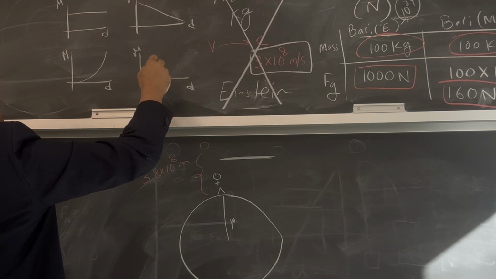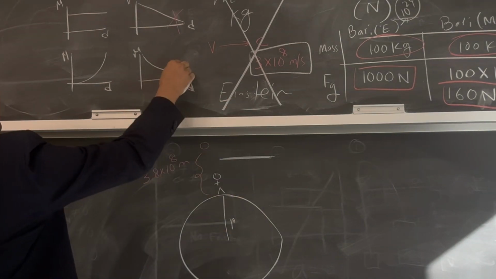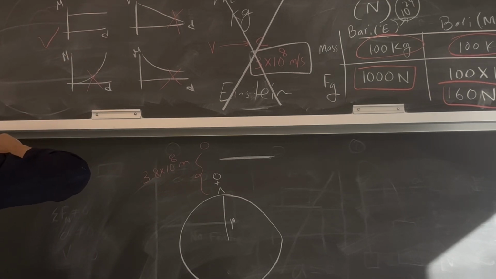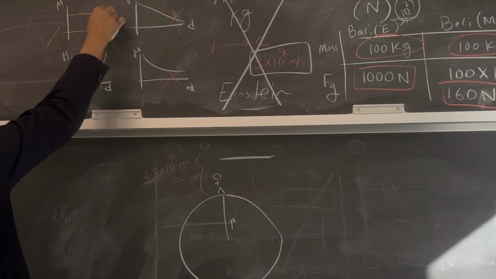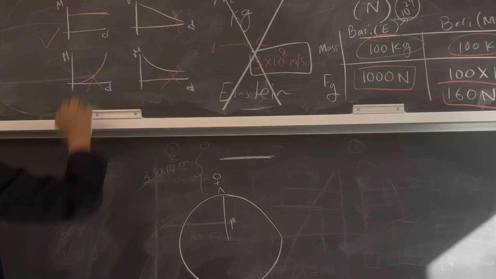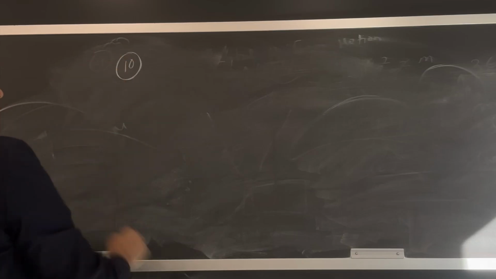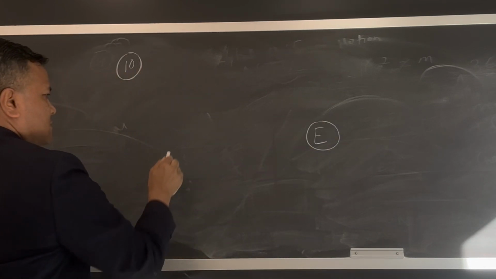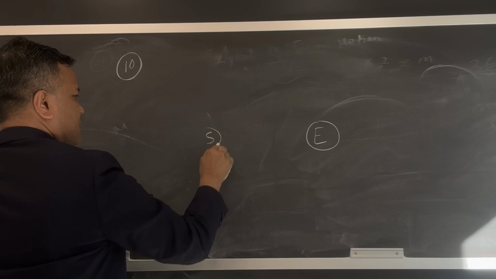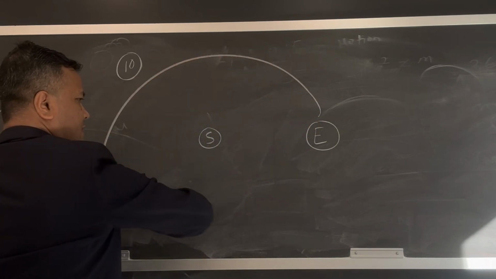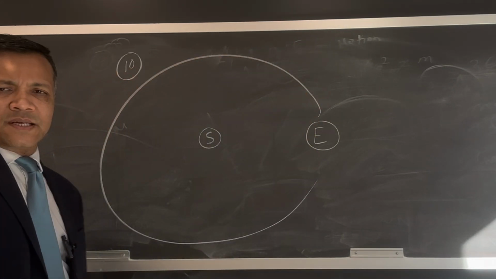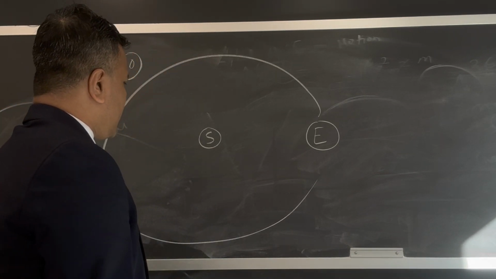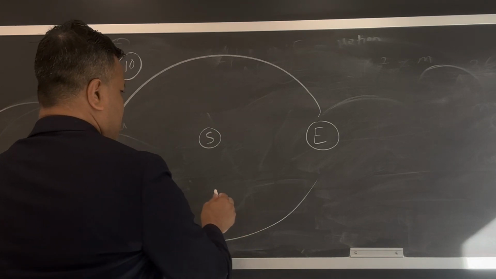Let's see how. This is not correct. This is correct, because the mass has nothing to do with the distance. If the Earth moves around the sun in an elliptical orbit, elliptical is not a perfect circle, then what does Newton's third law tell us?